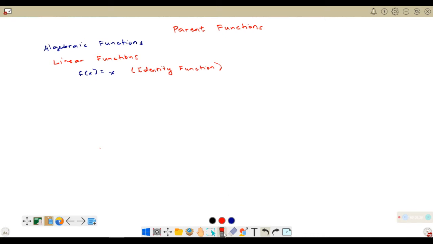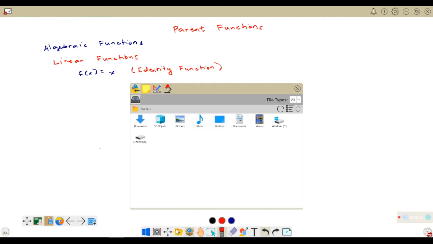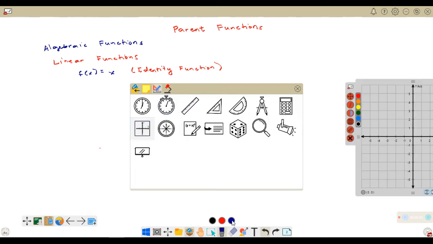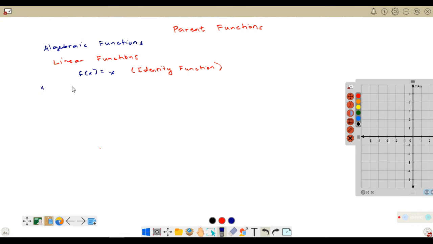So, what is the graph of the identity function? Again, lagay tayo dito ng isang Cartesian plane. And then, insert tayo ng table. So, we have x, and this is f of x. Let's try some values for x.